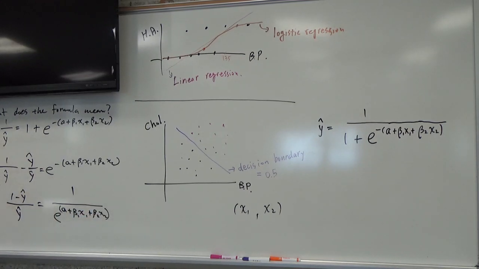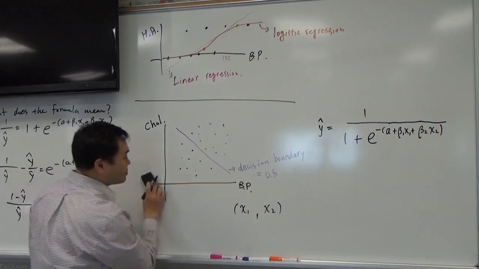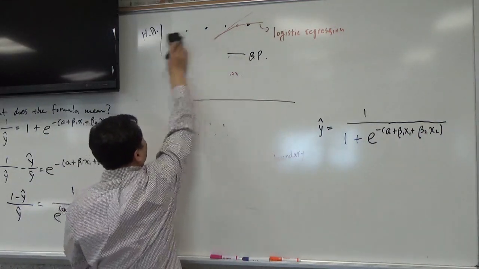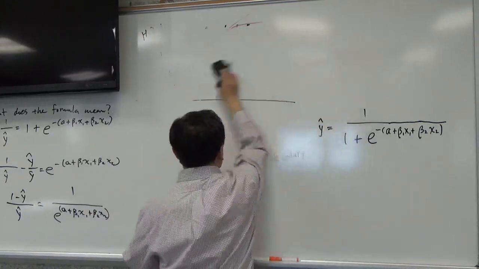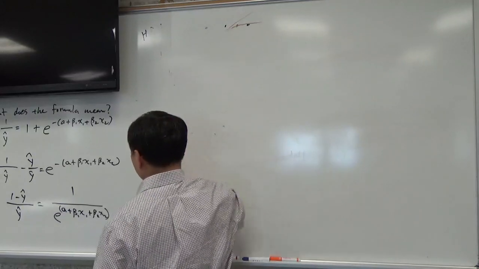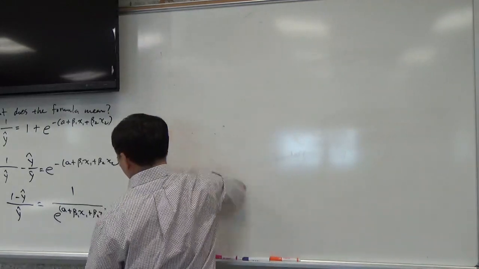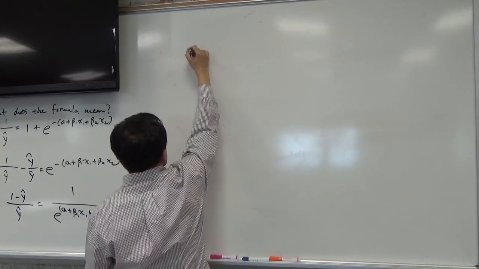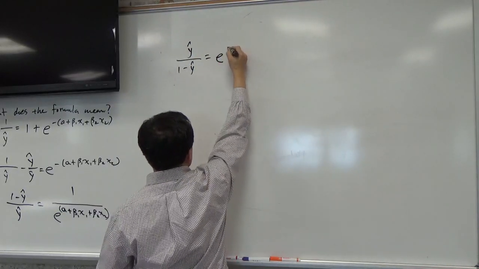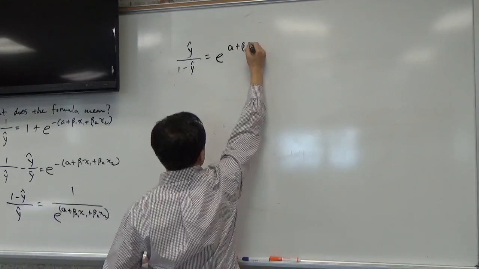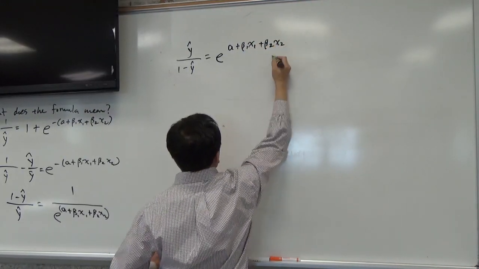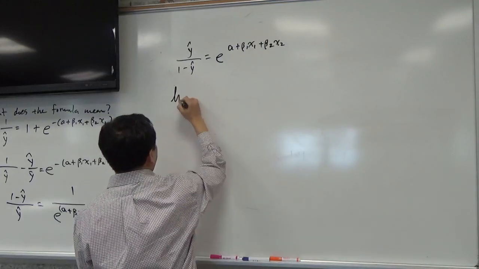So I'm going to flip this again, so that you get y hat over 1 minus y hat equals e to the a plus beta 1 x1 plus beta 2 x2. Now take ln of both sides.